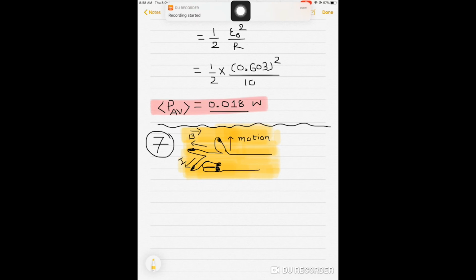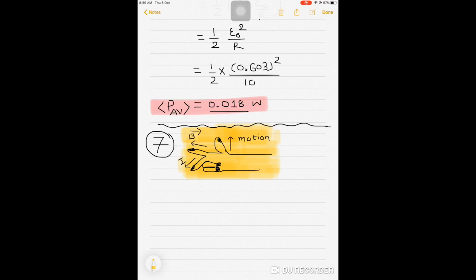Hello friends, before going to example number 7, first of all we will learn a new rule that is called Fleming's right hand rule. As per Fleming's right hand rule, the direction of induced current when a conductor attached to a circuit moves in a magnetic field can be used to determine the direction of current in a generator winding.